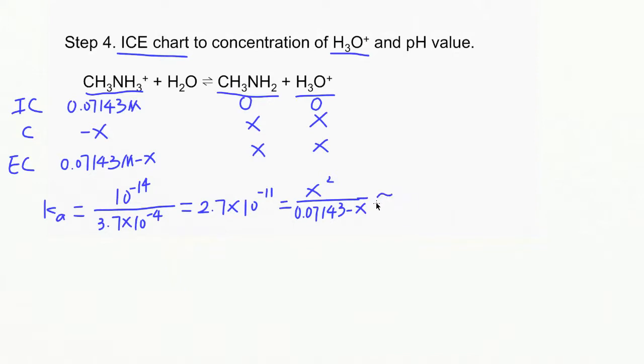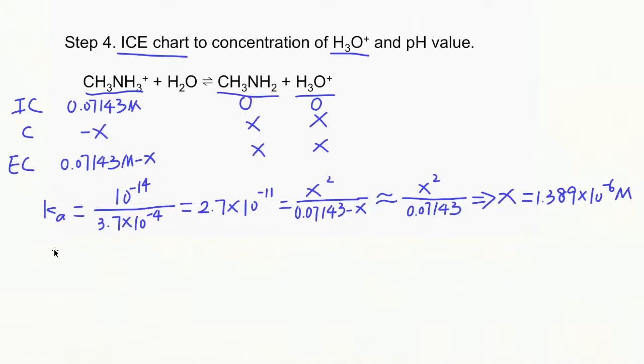Again, let's assume that x is going to be very small, so approximately that would be x squared over 0.07143 itself. So if you solve this equation, x is 1.389 times 10 to the negative 6 mole per liter.